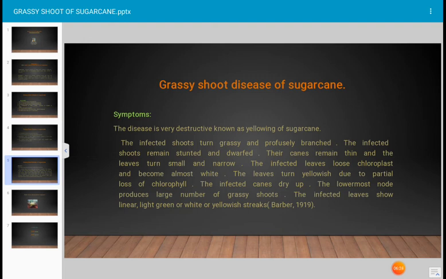The infected leaf shows linear, light green, white or yellowish streaks. These are the symptoms caused by the phytoplasma, and these symptoms and characteristics of the pathogen you have to write during the practical.